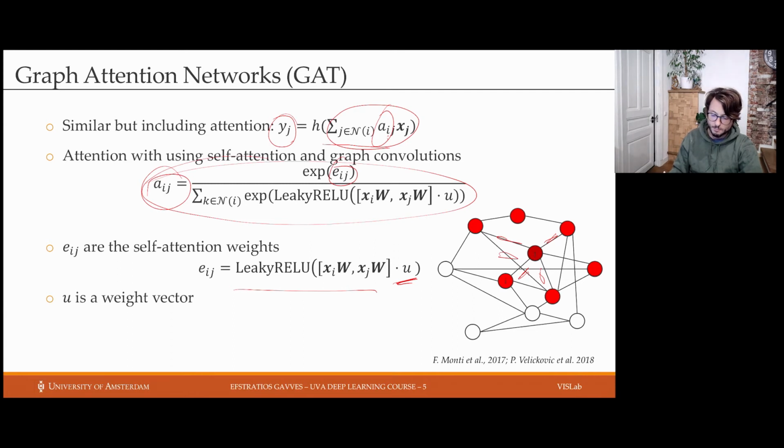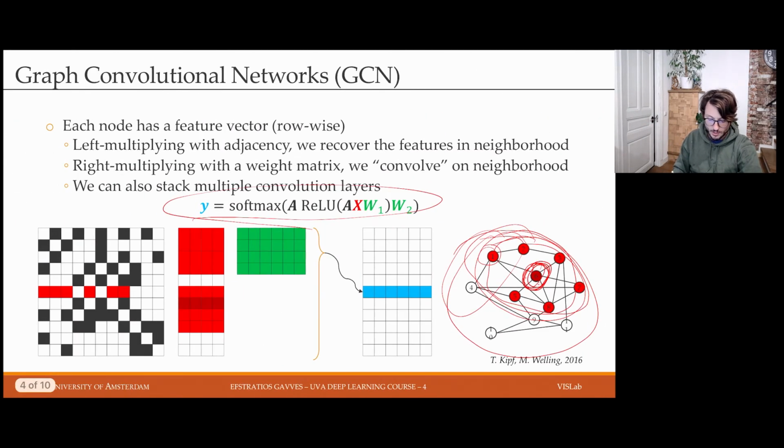And by multiplying the attention weights with our neighboring inputs, it's basically equivalent to saying that some of our neighbors are more important than the other neighbors, right? Whereas for graph convolutional neural networks, that was not the case per se.